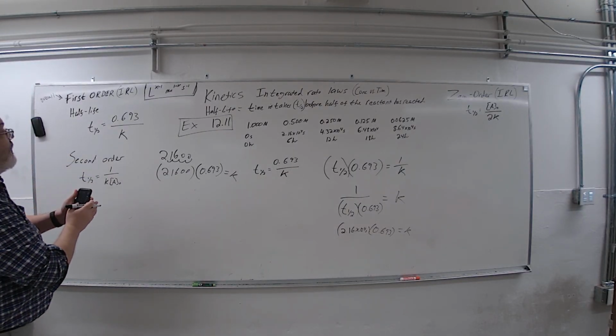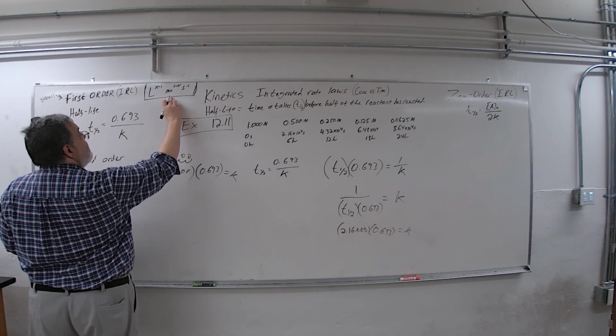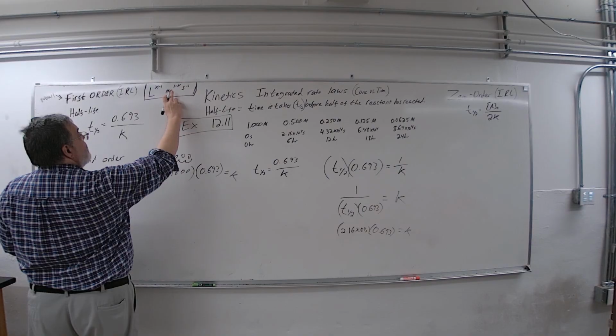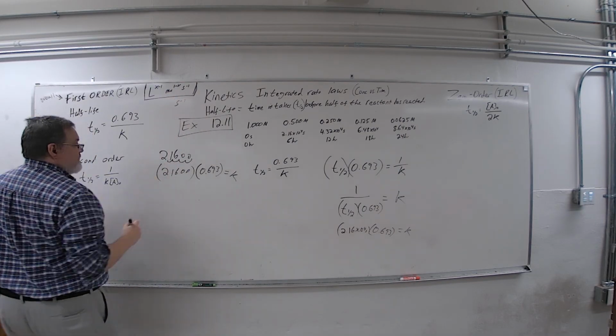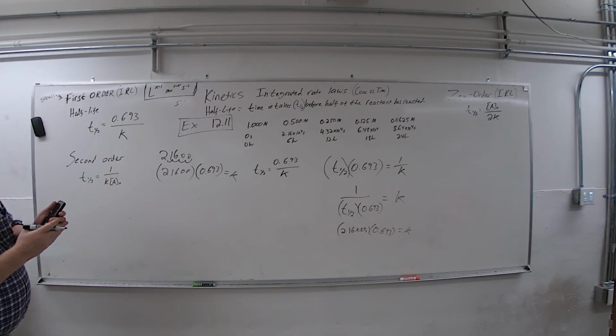First order. Oh yeah, first order is just that. 21600 times 0.693.